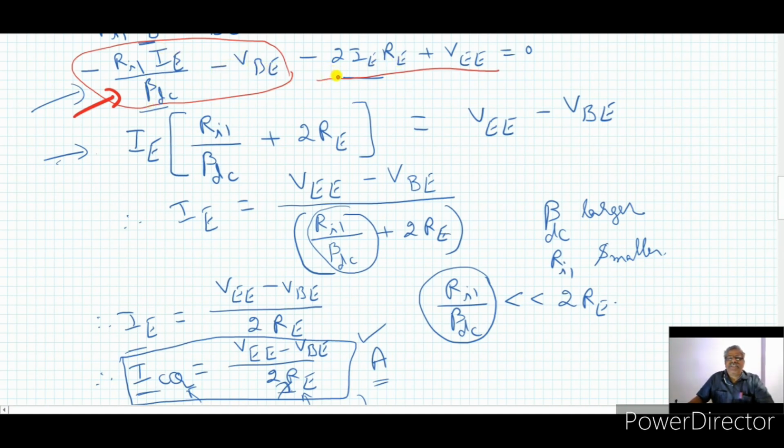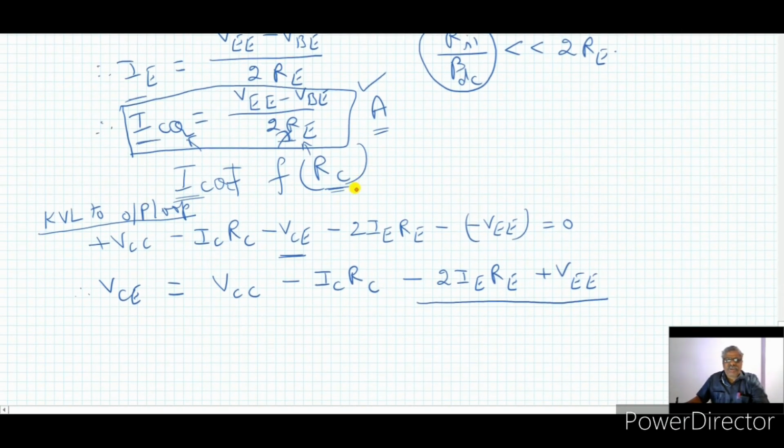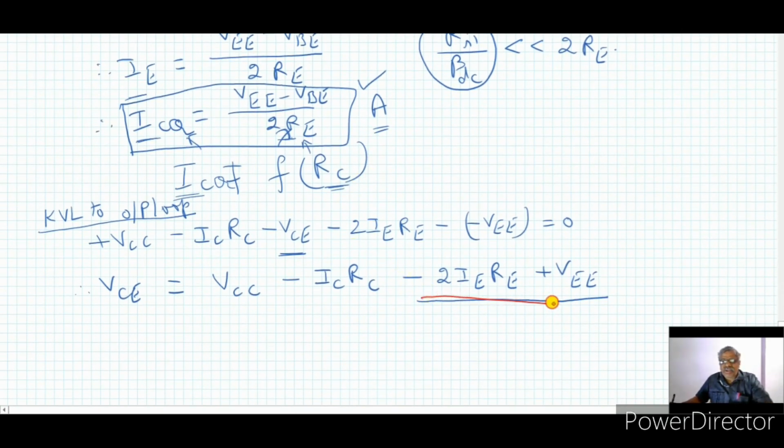So in place of this, we can write this part, which makes our analysis simpler. These two terms will be as it is, VCC minus ICRC, and those two will become plus RI1IE by beta DC plus VBE.